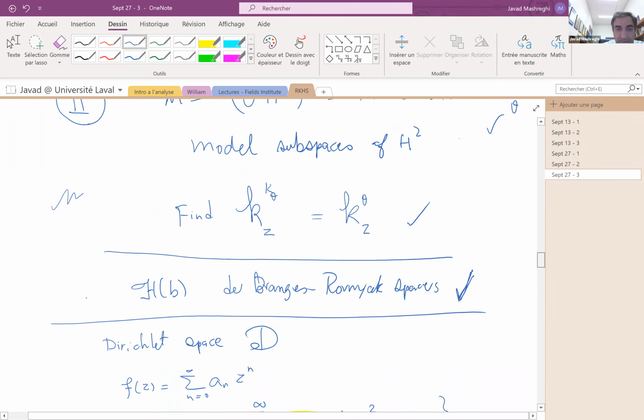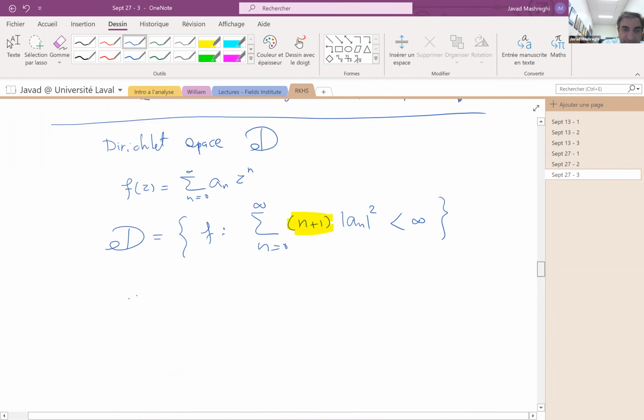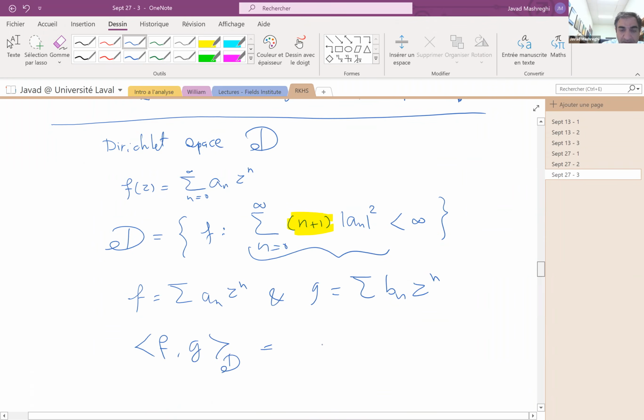Okay, good. If f is given by some sum a_n z^n and g by some sum b_n z^n, this is an indication of how we should define the inner product in D. We should define it such that if f is equal to g, we obtain this combination, which is the norm.